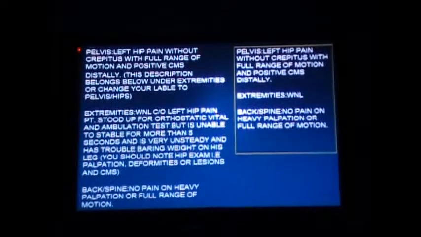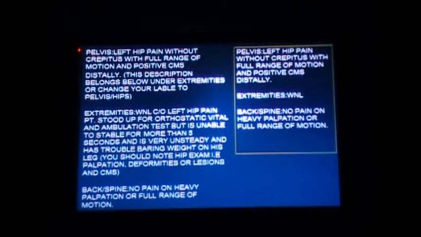So that's where I would put most of this pelvic assessment. So I'm again looking for true pelvic pain in this trauma exam, if you will, and then deal with the femurs, the hips, and CMS down below.